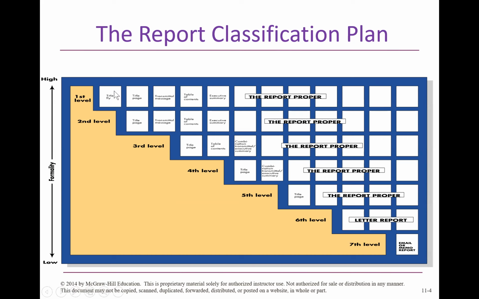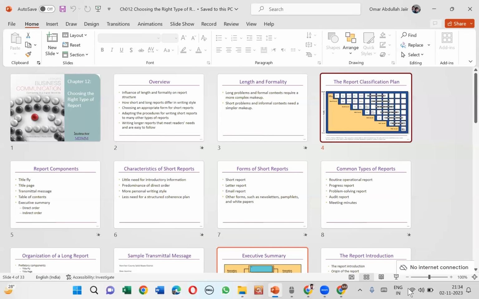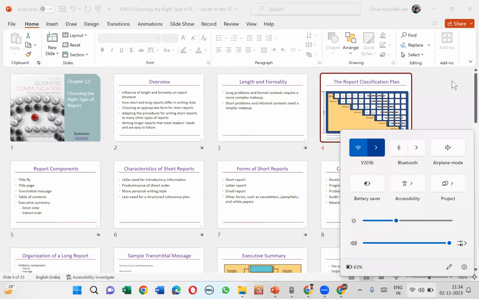Sir, we can't hear you, it's glitching. What about the other students? Sir, there is an internet problem. I'm using my cell phone data because I know there are problems in the Wi-Fi. That's why I have chosen mobile data. Is it working now? Guys, can everyone hear me? Is everybody facing the same problem? We can't hear you. Now, can you hear me?